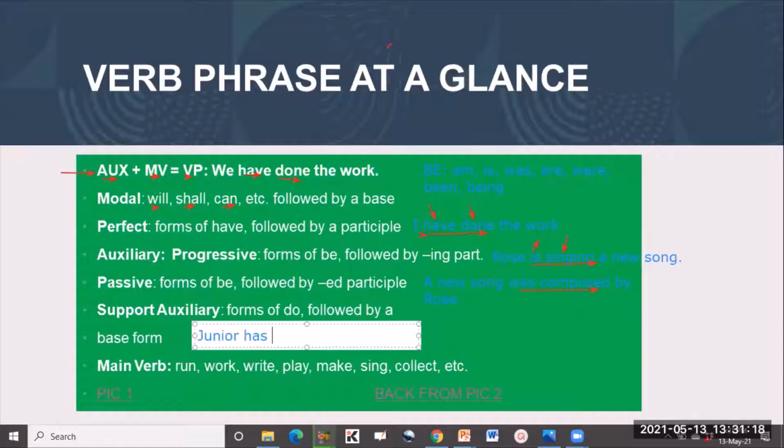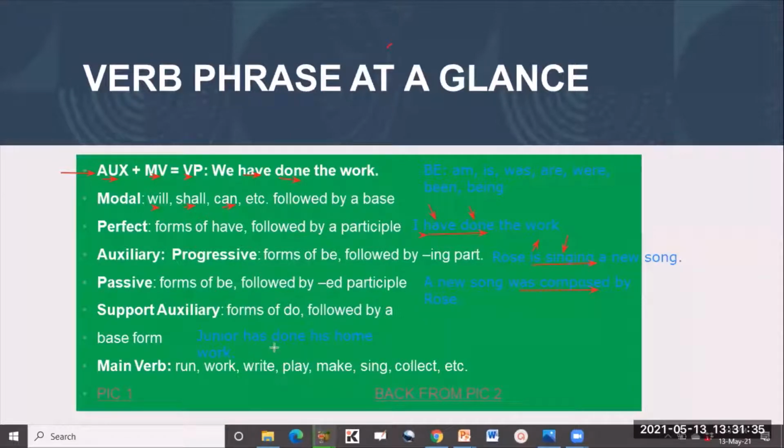Junior has done his homework. Junior has done his homework. And then when we look at this, what we have is the verb phrase is has done. Has done. All right? Has done.